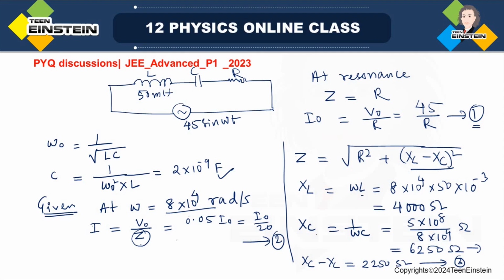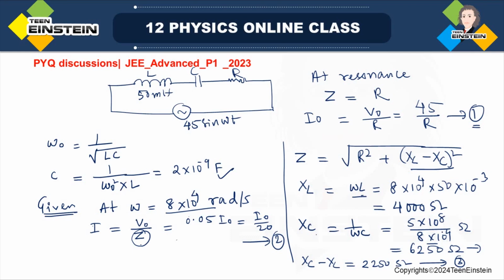If I know the self-inductance and the frequency of the circuit, I can find out the inductive reactance, that is omega L, which is found to be 4000 ohm if we put the value of omega and L. Similarly, I have found out what is C. Now if I want to find out the capacitive reactance, that is equal to 1 by omega into C. Omega is given and C is this one. 1 over C is 5 into 10 to the power 8.